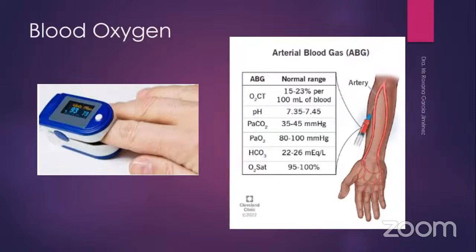Why these fingers? Because they have the biggest blood supply, and the value is more trustable. So consider this as important information for not making a mistake while developing this procedure.